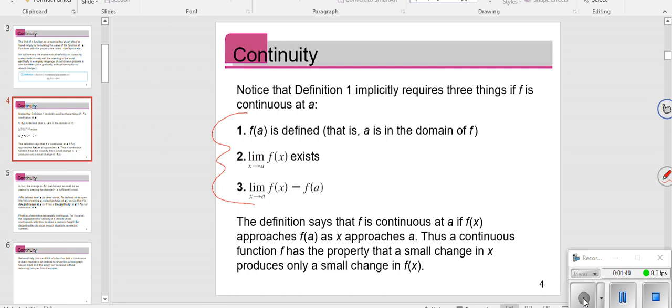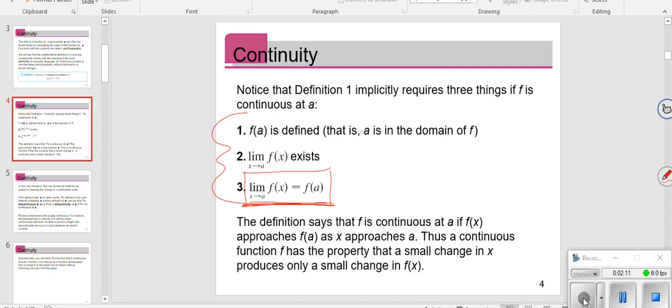So three things have to be true. f of a is defined, that is, a is in the domain of f. The limit of f of x as x approaches a exists, and obviously this was essentially the definition on the previous slide. The limit of f of x as x approaches a equals f of a.